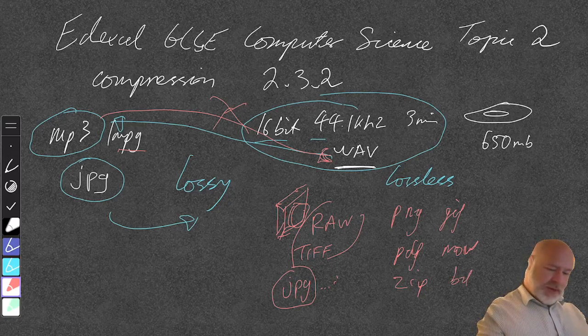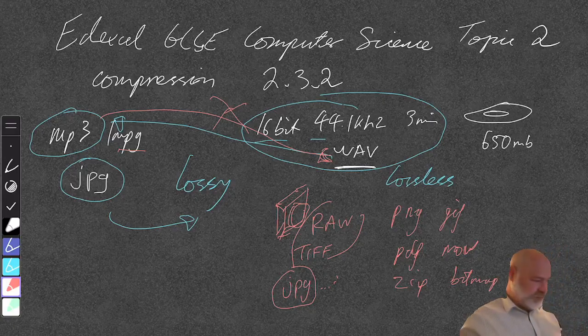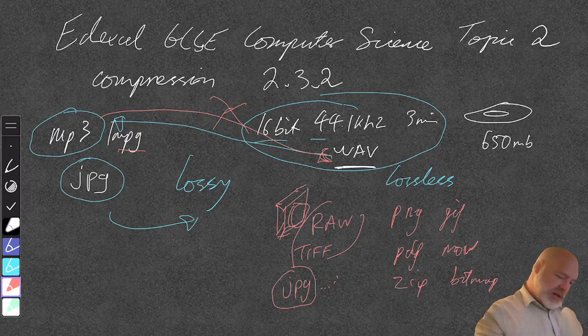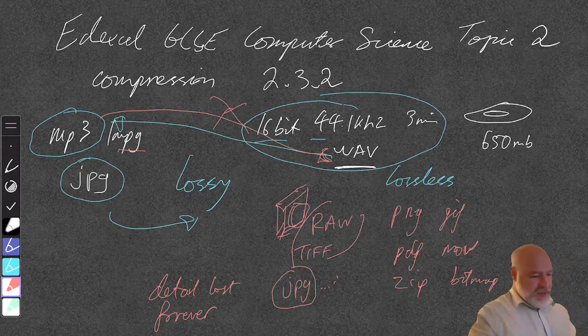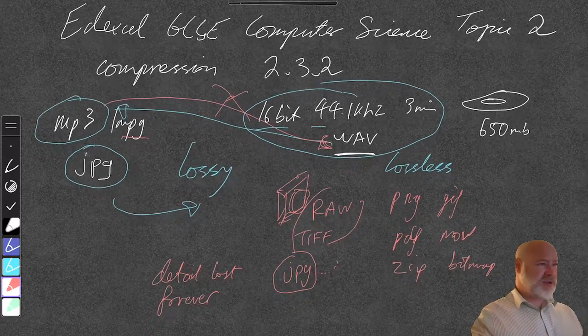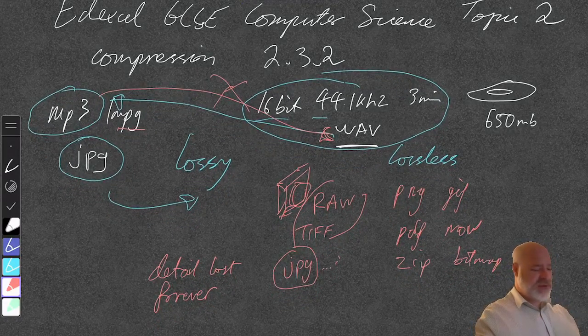Also, we looked at bitmaps. Bitmaps are lossless as well. Okay, so some of the disadvantages are detail lost forever, right? That you can never get it back. But it makes things like streaming videos or YouTube or Spotify exist, because there's no way those platforms would work by using uncompressed formats.